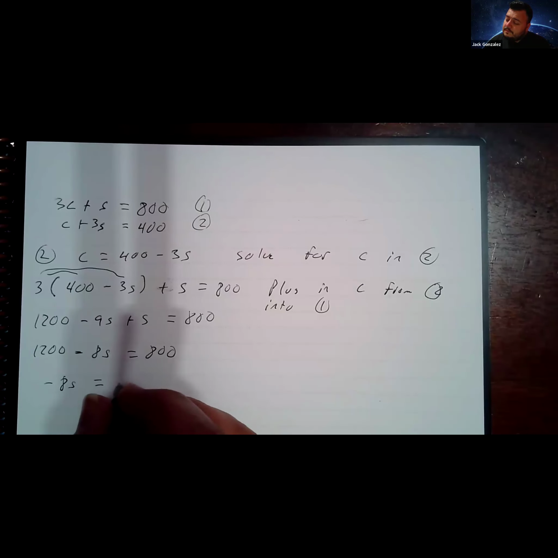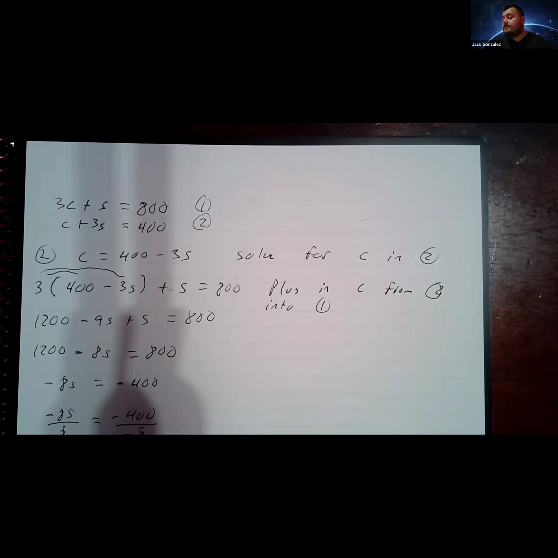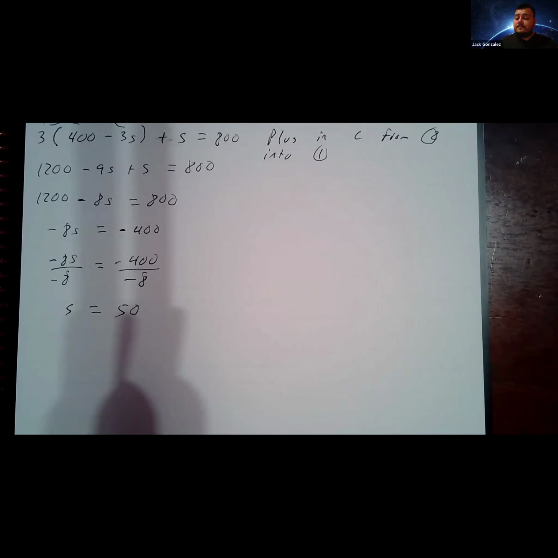Negative 400, right? Divide both sides by negative 8. S should be 50, right? Double check there. This feels wrong. Yeah, that's right. Okay, so we got the milligrams for soda.